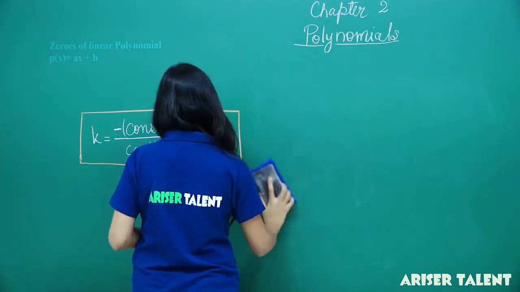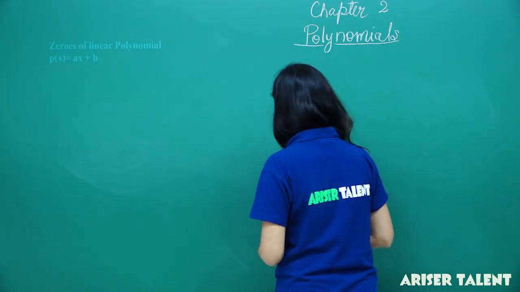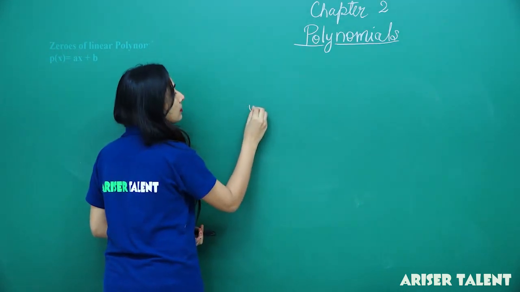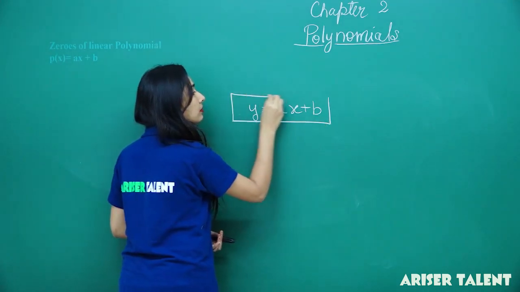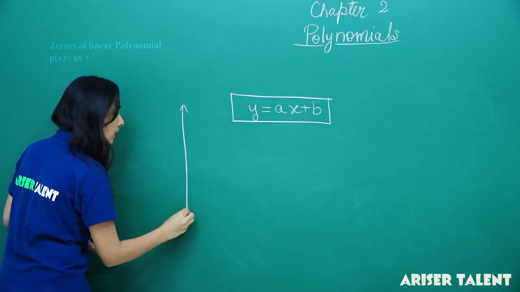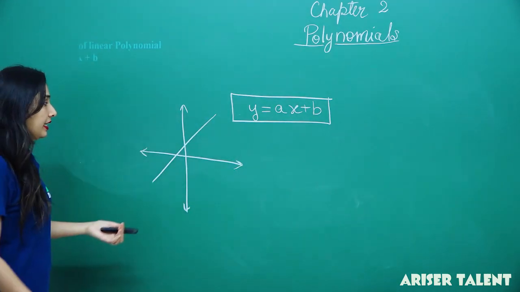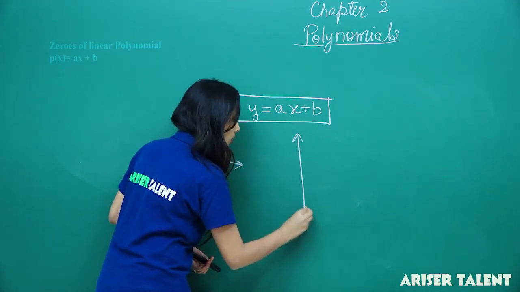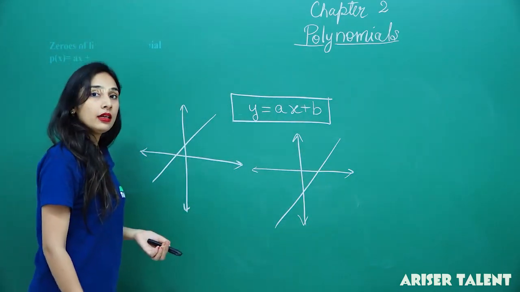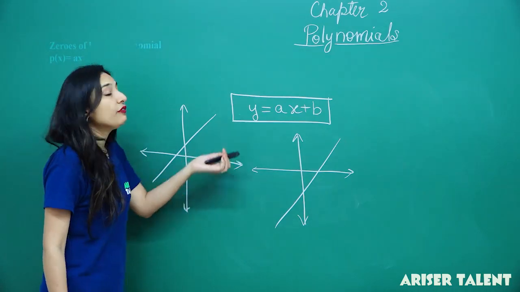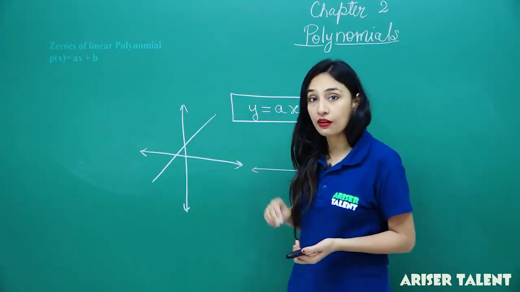Okay. Now, in our previous class, we have studied this equation. How can we represent it on our graph? That's a linear one. It may be like this or maybe like this. Okay, but this line is a straight line. So when we talk about linear polynomial, we will always have a straight line on our graph.